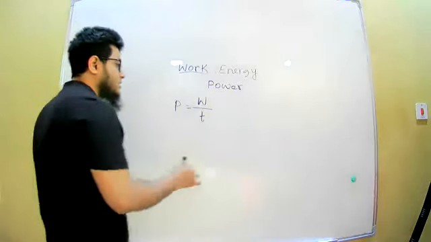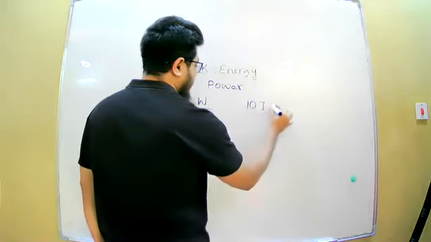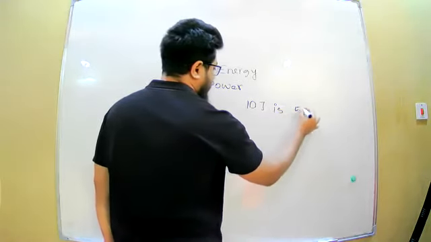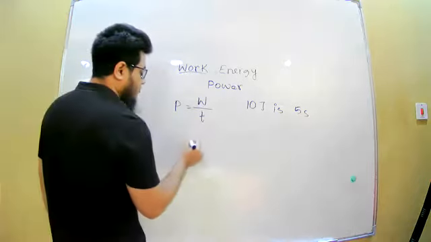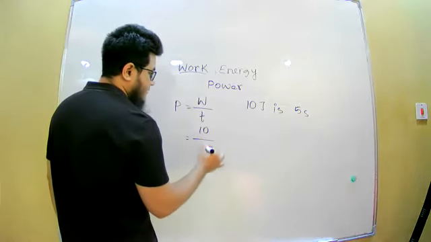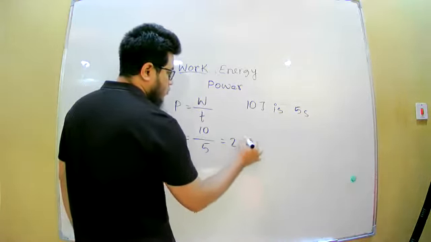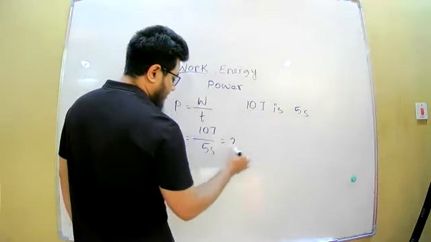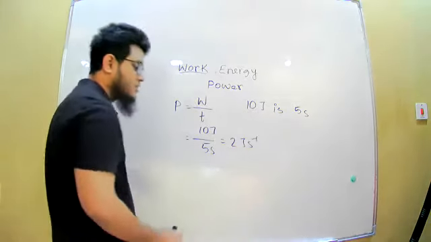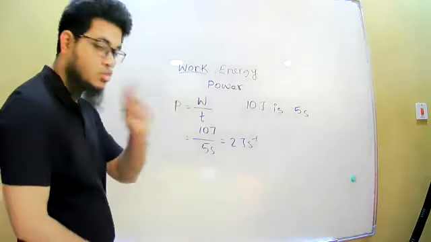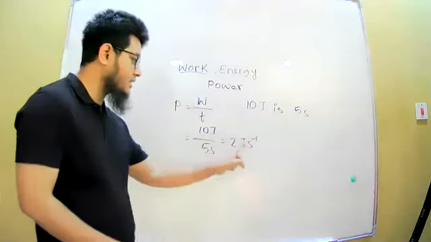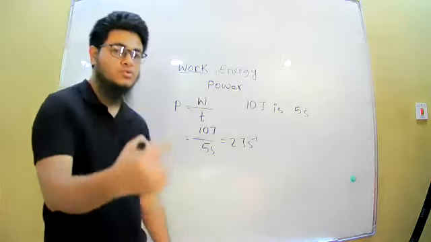If I say that someone did 10 joule of work in 5 seconds, that means the power of that person will be 10 divided by 5, which is equal to 2. 10 is joule, 5 is second, so joule per second. That means in every second he is doing 2 joule of work. In 1 second he is doing 2 joule.